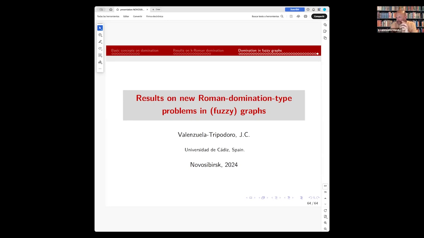We have tried to give the exact value by an explicit formula, even for the simplest graphs you can think of, such as a path or star graph. And it's very, very difficult, because it depends on the values of the membership function. So there are many, many different situations. Yeah. Okay. Thank you so much.